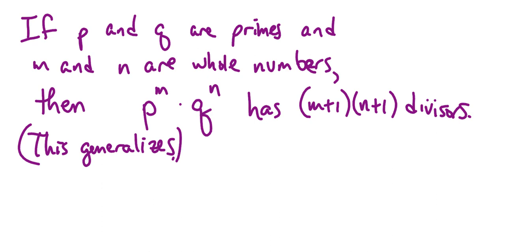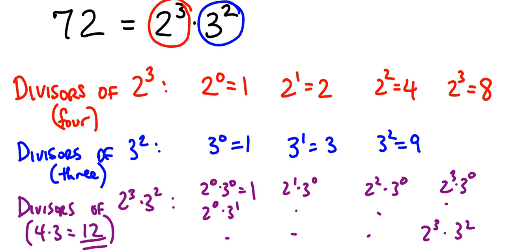Why does that work? Well, for exactly this reason. When we have a prime number to a power, that power is the highest divisor, and then we just take all the powers below it all the way down to 0. So there aren't 3, there are 4. That power is the highest power, and then we take every power that's less than that.